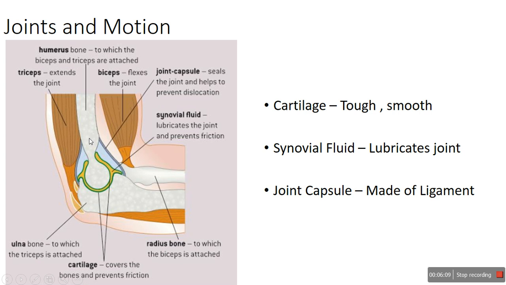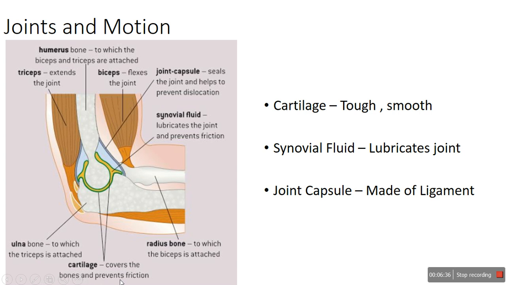This is the humerus bone, the arm coming down from the shoulder, and this is the ulna and radius, which are the parts that go towards the hand. You've got biceps on top, the triceps underneath. You've got a joint capsule, synovial fluid, and layers of cartilage as well.